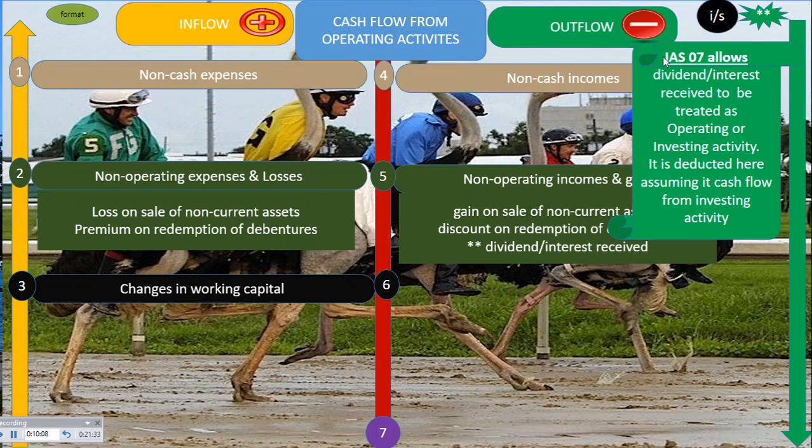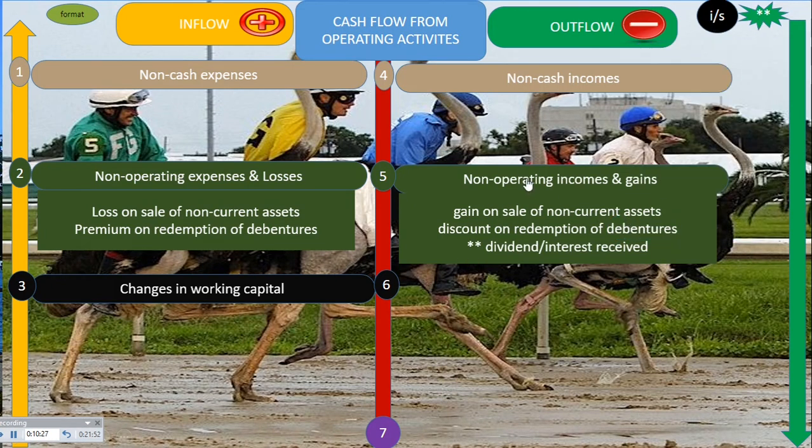This is allowed by International Accounting Standard 7. It allows us to treat it as either an operating activity or an investing activity, but whatever method we use, we have to follow it consistently. It means you shouldn't change it frequently.